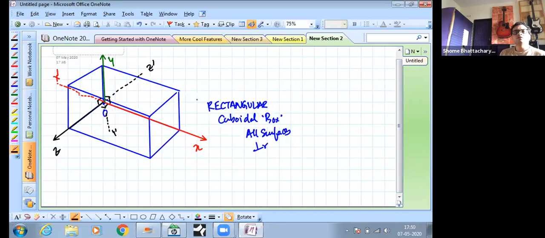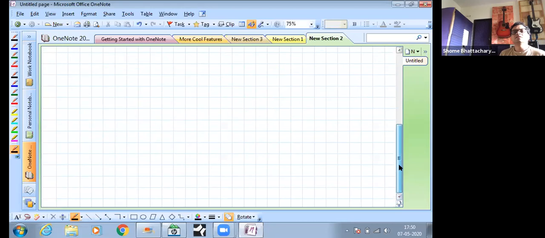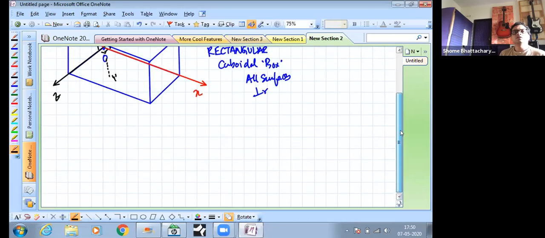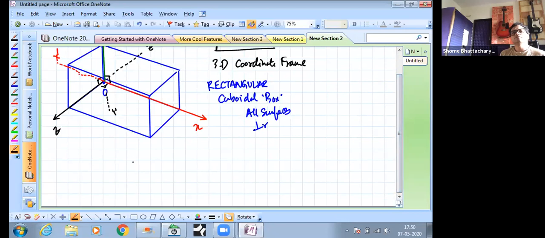So now for 3-dimensional vectors, components in 3 dimensions. Once we have the first thing, which is the 3-dimensional coordinate frame or the coordinate axis, the next thing that becomes important for us is the base vectors, how we define the base unit vectors, what we also call the standard unit vectors.